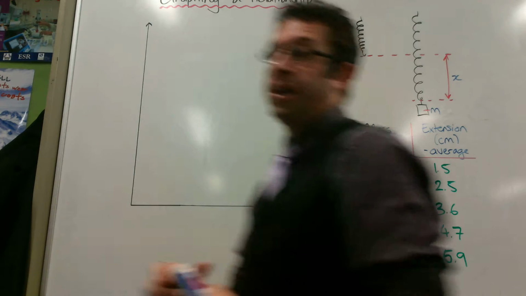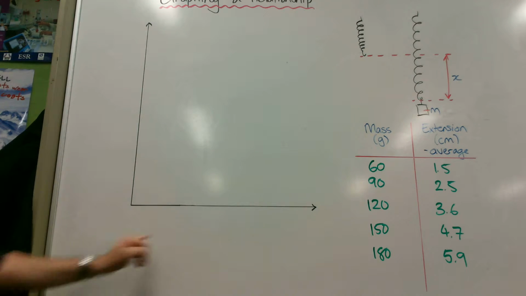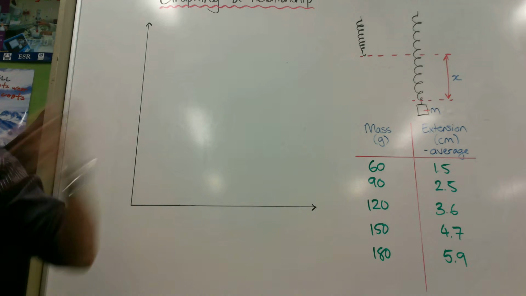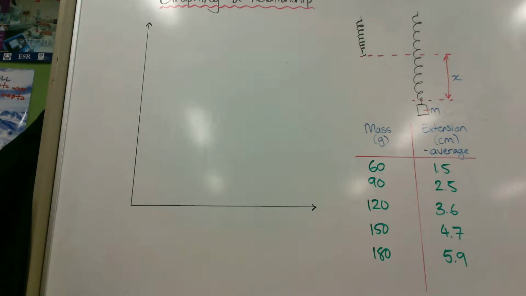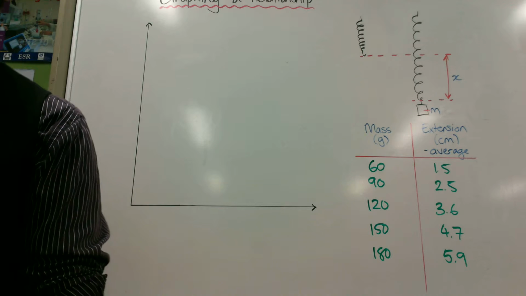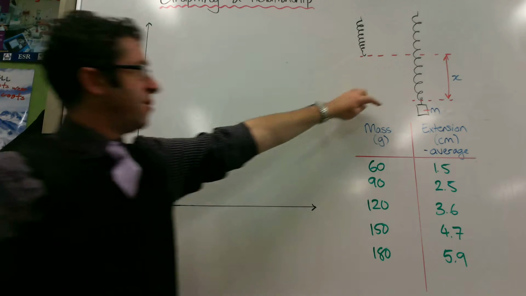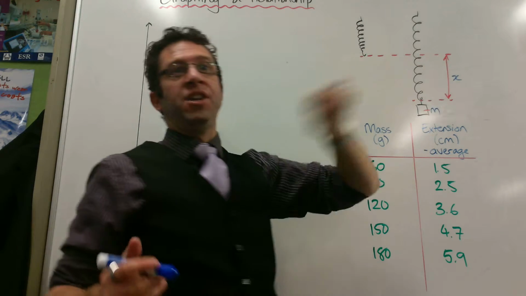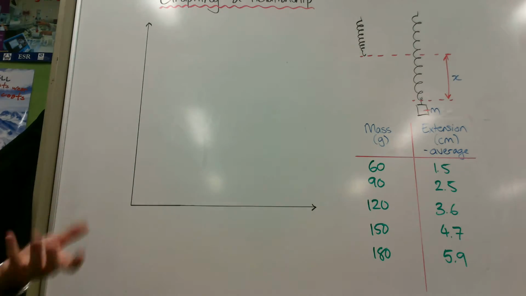The first thing that we need in a graph, once we've got the axes in place, so these lines with the arrows at the end, is we need to put a title for it. So for this particular experiment, we're looking at the effect of mass on the extension of a spring. So that's what we have to write.